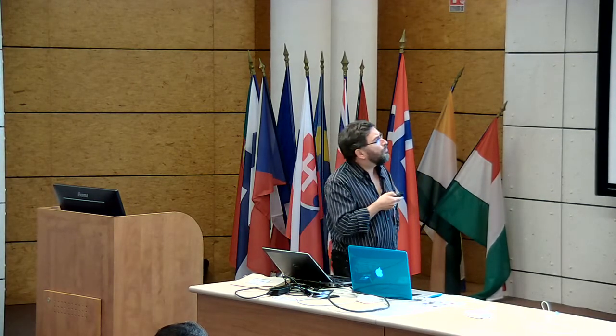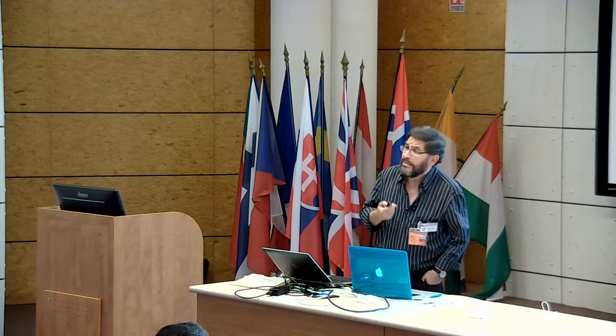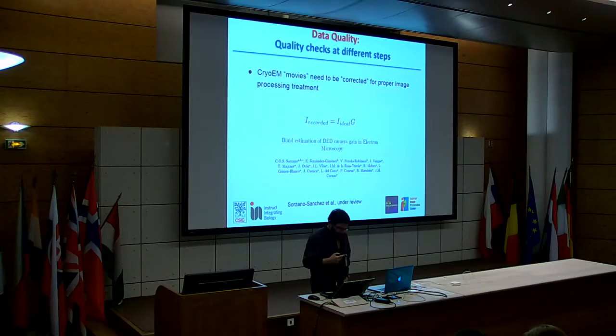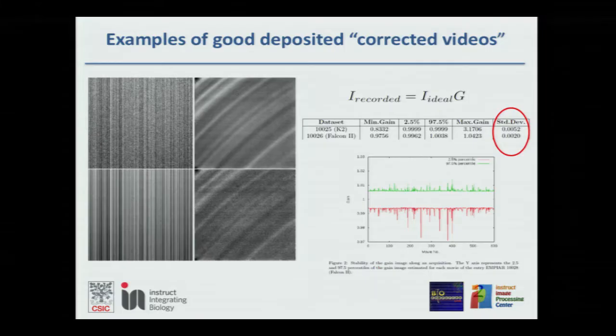How precise is that calculation of the gain image that you have done? Has it changed in any way during data collection? Well, we have approached that, and we have been able to develop something that is able to provide us an estimation of the gain image without measuring the gain image.